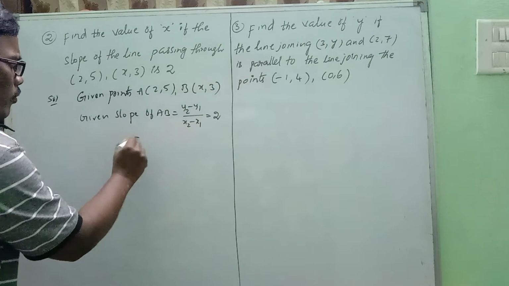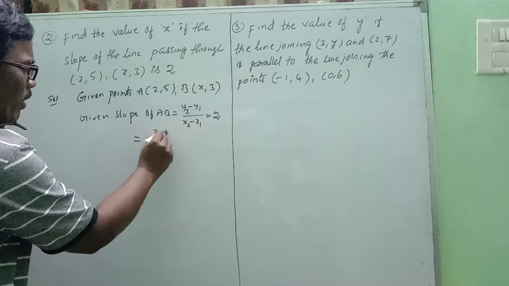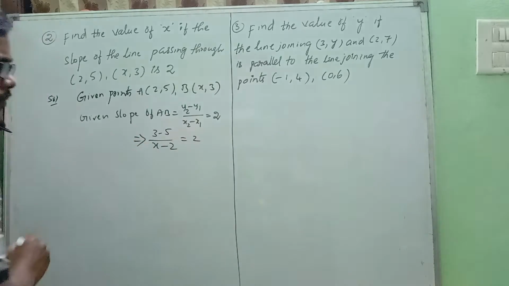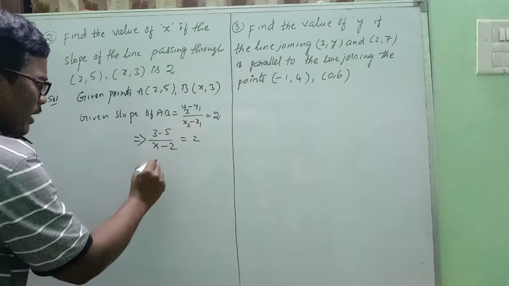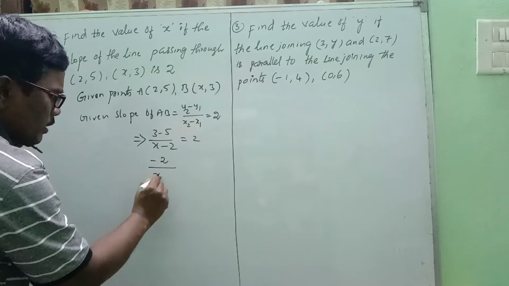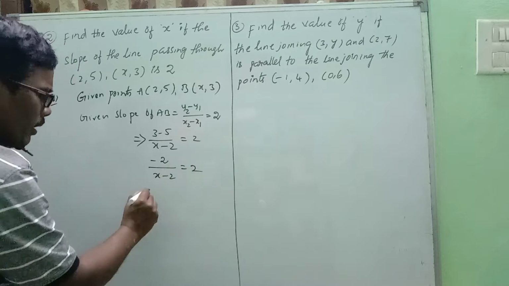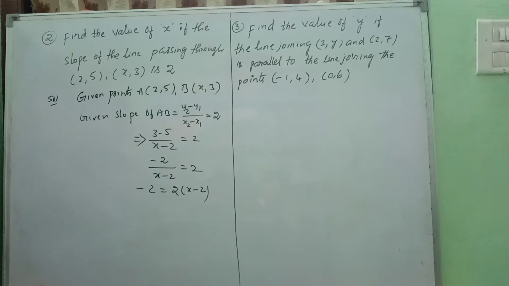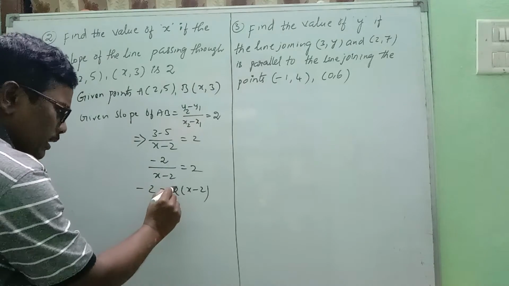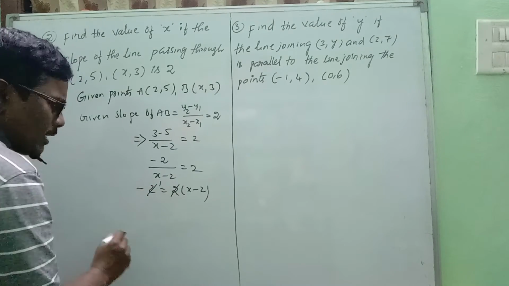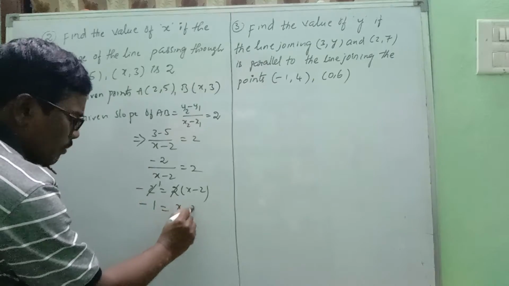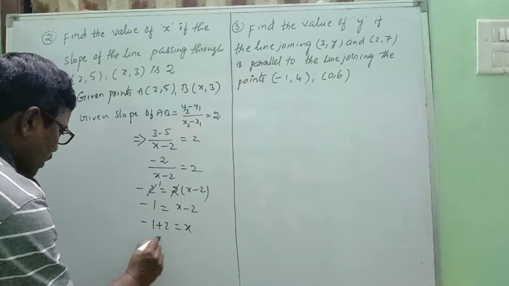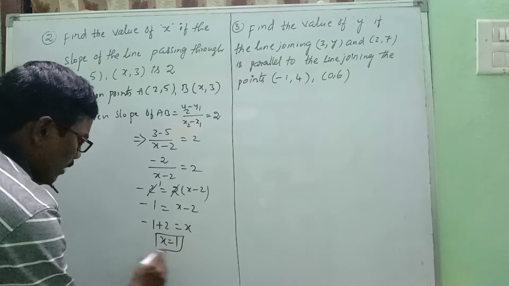So 3 minus 5 by x minus 2 equal to 2. 3 minus 5 is minus 2, so minus 2 by x minus 2 equal to 2. Cross multiply. The 2s cancel, giving minus 1 equal to x minus 2. Bring the minus 2 to the left side: x equal to 1.